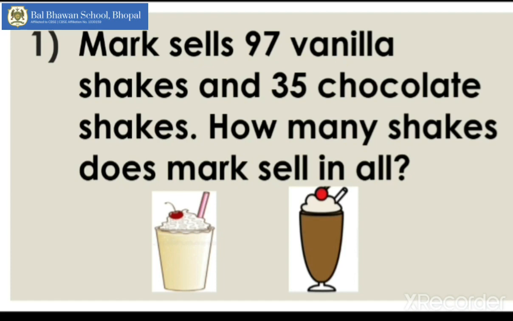Whenever these terms are there in the question, that is in all, total, altogether, we have to do addition. So again we have to find out the total shakes sold by Mark. For finding out that total, we have to do addition.